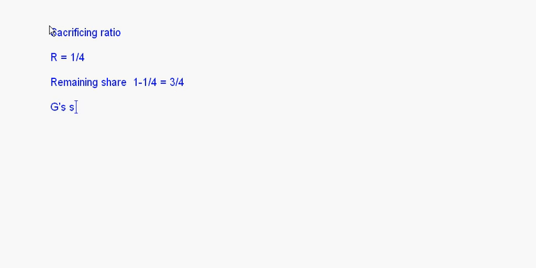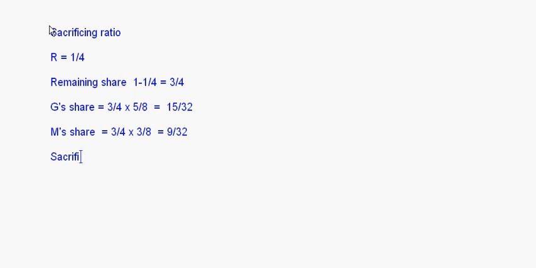And G's share will now be equal to 3/4 into 5/8. Okay, that comes to 3 5s are 15 divided by 32, right? Then you have M's share. M's share is coming as 3 divided by 4 into 3 divided by 8, that is 9/32, right? This is their new shares, right?